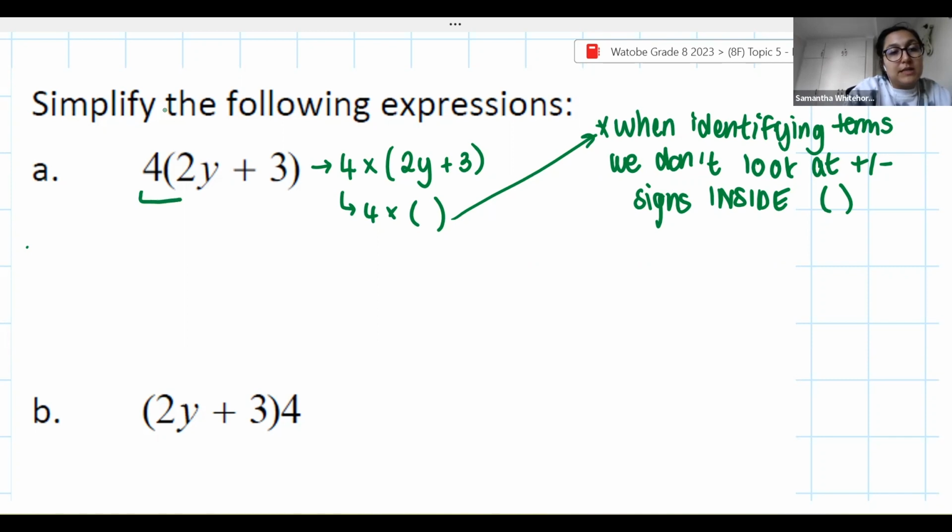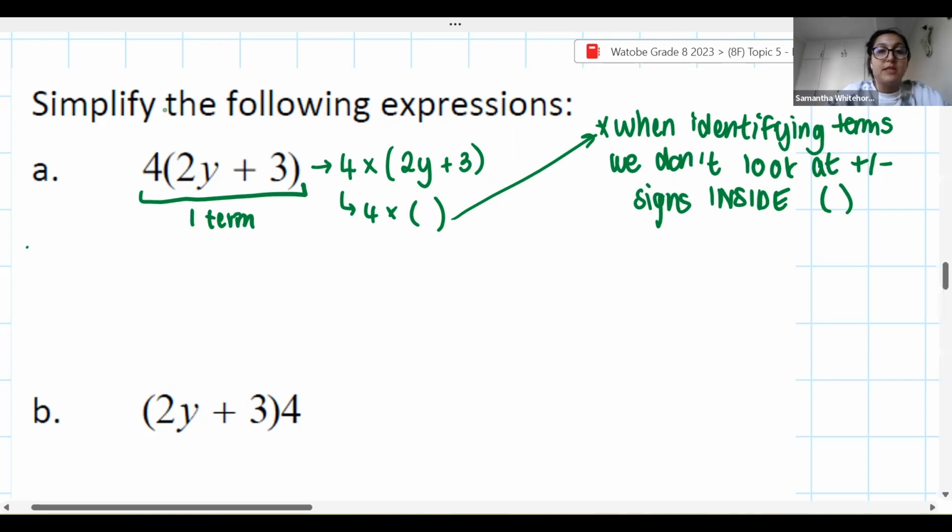And so this entire thing is one term. Yes, inside the bracket, I've got 2 terms, but I don't care about that right now. I care about the fact that I'm saying 4 times something, and times doesn't separate terms, so I have 1 term. Once I know how many terms I'm working with, I can now go and simplify my terms.